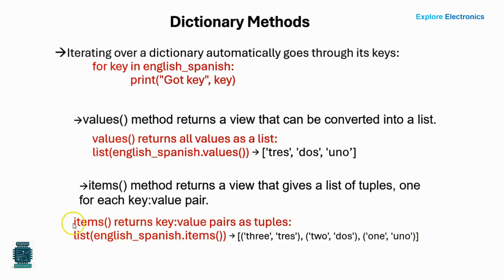Let us see the code here. Items returns key value pairs as tuples. List English Spanish dot items. I have used items here in the form of a list. It will return 3 tres, 2 dos, 1 uno in the list of tuples. It is a list of tuples. Clear?